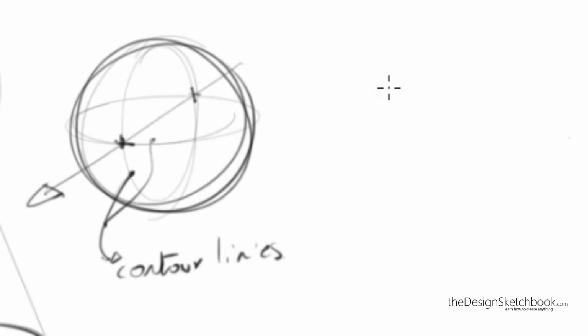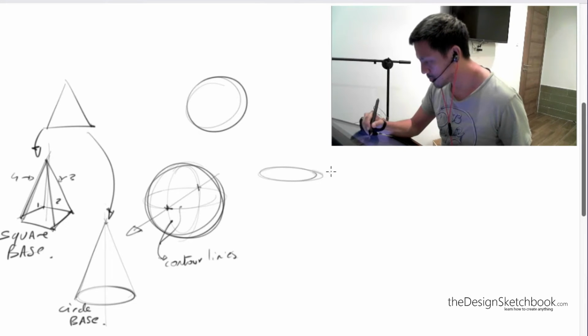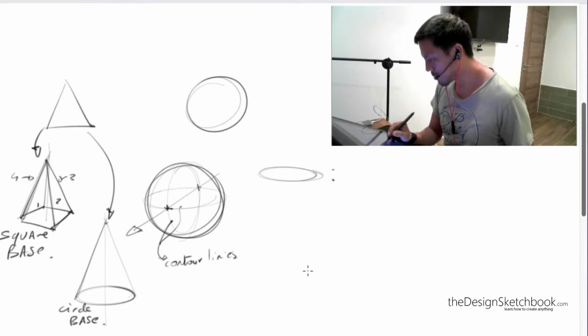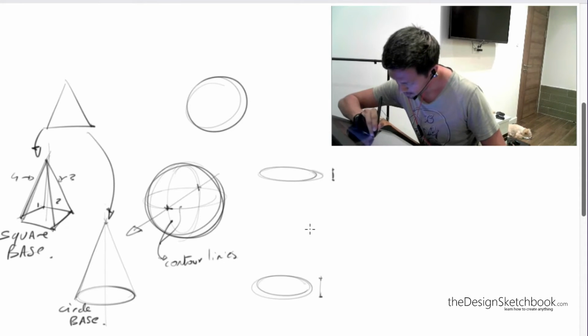With this circle, you can also have a cylinder. You do a first ellipse on top, which is a bit thin, and at the bottom you're going to do something a bit taller. See the difference? Then you join.